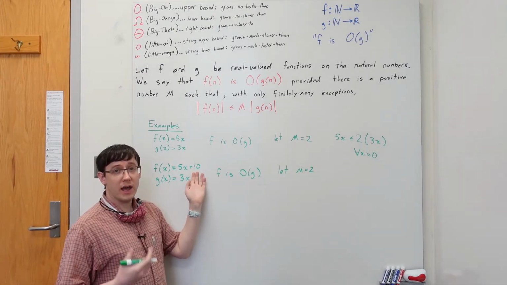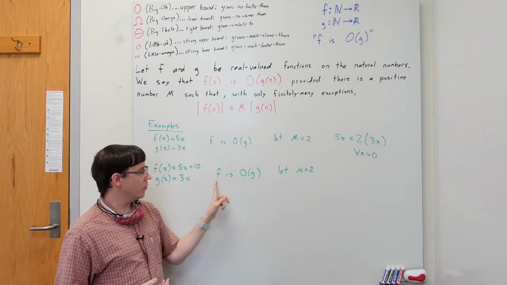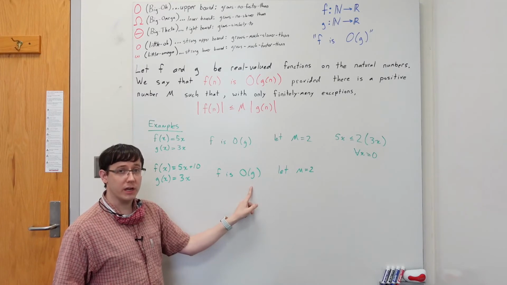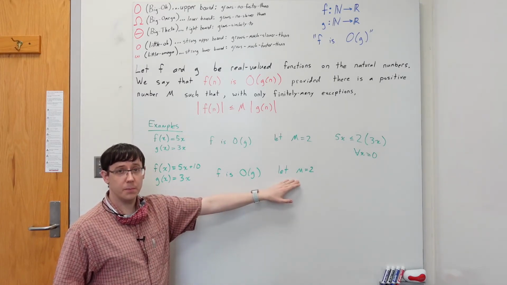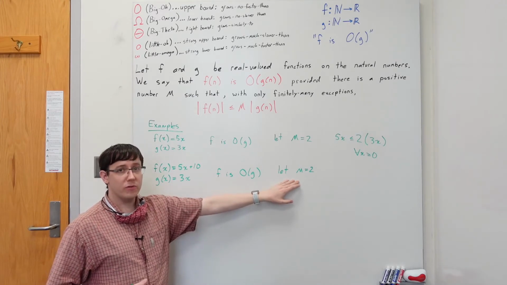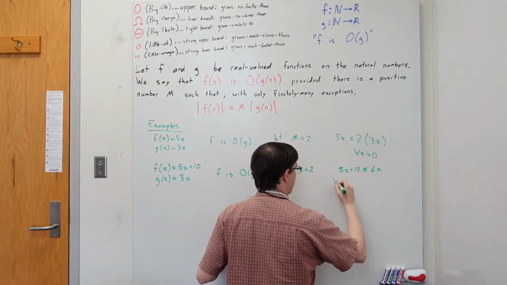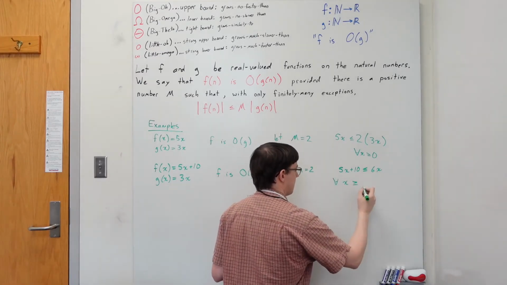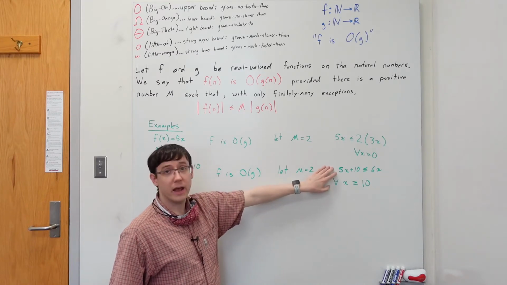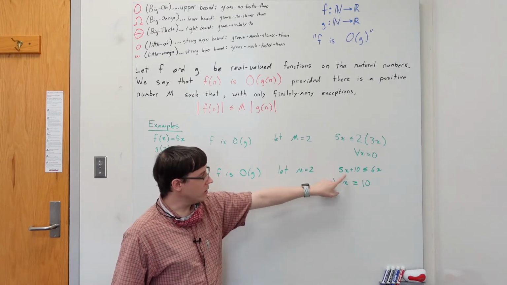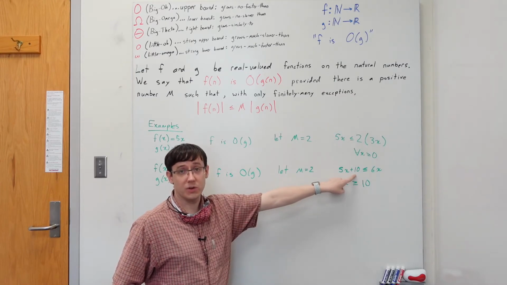If we change f to be 5x plus 10, we can still show that f is big O of g, and we can still use m equal to 2, but now we have some exceptions. When we multiply g of x by 2, we get an inequality that will hold as long as x is greater than or equal to 10.